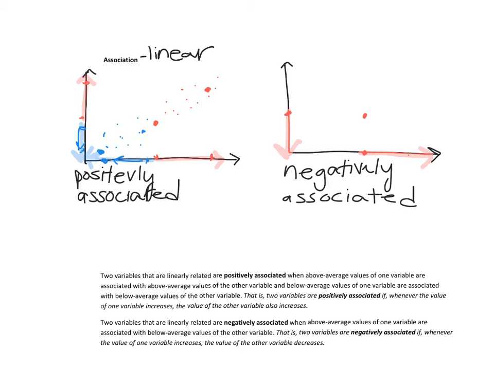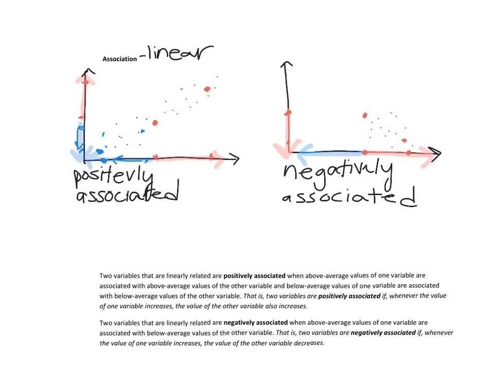And then as the explanatory increases, the response will decrease. So we'll have values there. So we're going to get values all in here for negative association. And then likewise, as explanatory decreases, our response increases.